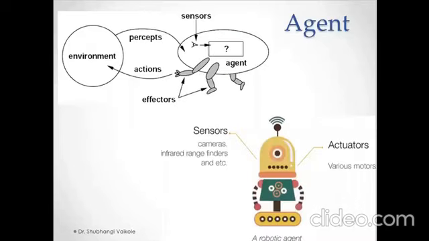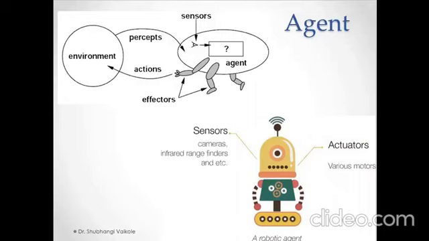So here we see the structure of the rational agent. A rational agent perceives the environment through the senses and acts on the environment through the effectors or actuators. An agent is just something that acts.